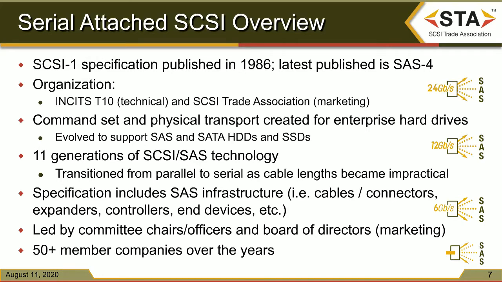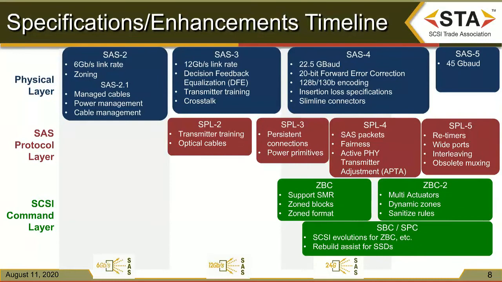This specifies the physical performance capabilities, which is typically doubling the effective performance with each generation. The physical layer is where the bulk of the notable features are introduced. You'll also notice that the SAS-3 link rate is 12 gigabit per second, and SAS-4 doesn't quite double the link rate.